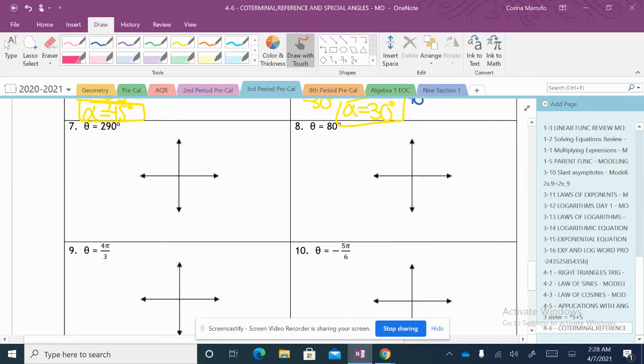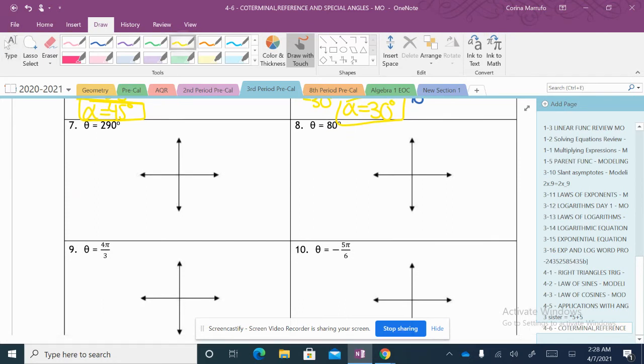All right, the next one here we have 290 degrees. So again, we're going to draw this first. So this is 90, 180, 270, 360. So 290 is going to land in between 270 and 360. So here's my angle theta. Now our reference angle is going to be the shortest distance from the x-axis.